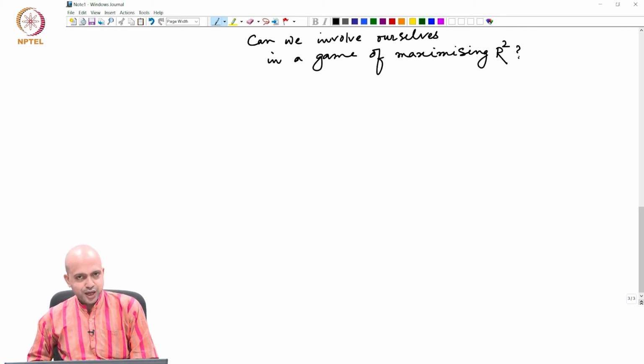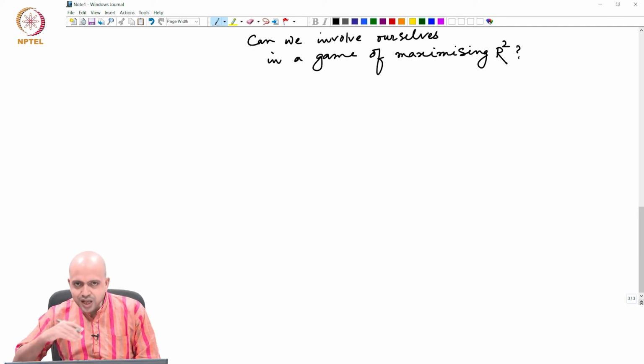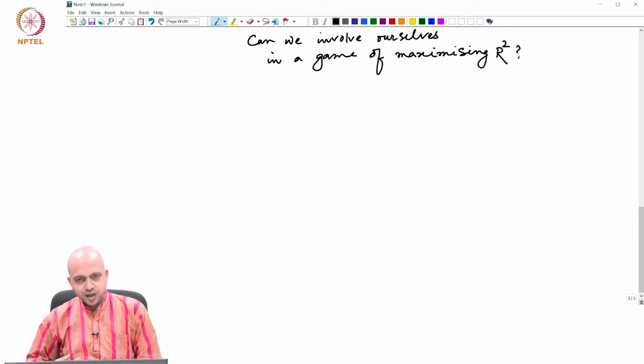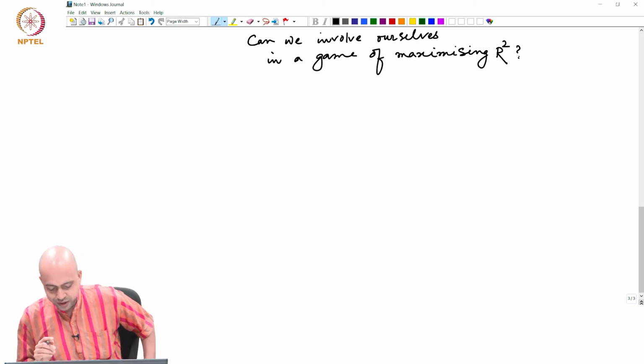Apparently, it may look like we will keep on adding variables in the model as long as our R square increases, right? As long as our R square increases.